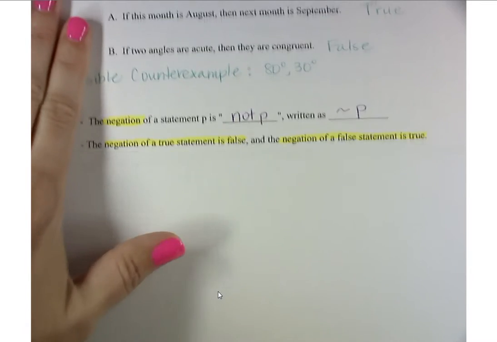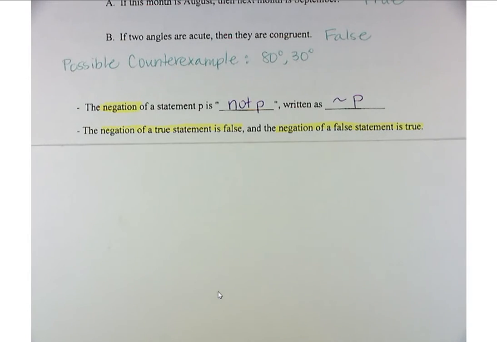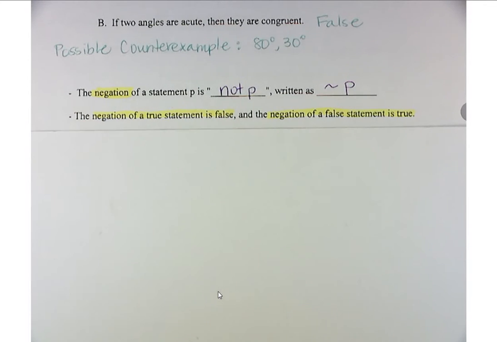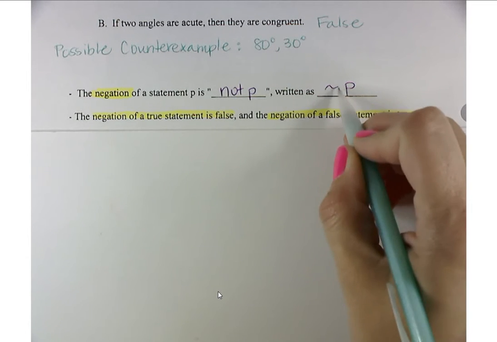All right, the next thing we're going to talk about is a negation. The negation of a statement P, which we would just say is not P, is written with a symbol that looks like a little squiggle, like your approximate symbol.